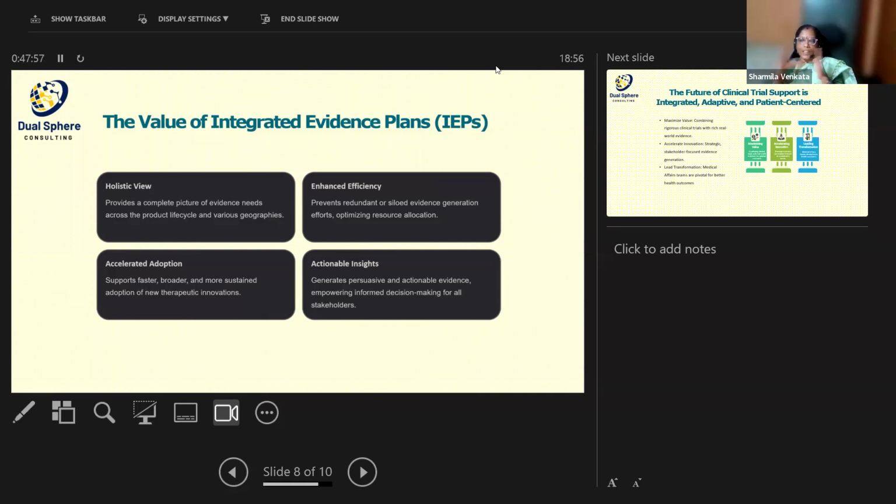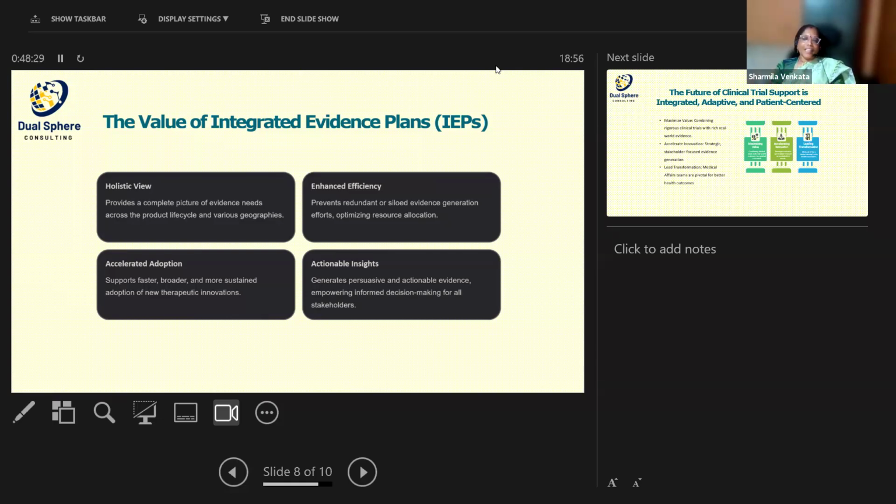Without an IEP, different teams might end up working in silos, each running their own studies, collecting their own data, sometimes duplicating effort without realizing it. This wastes resources, creates inconsistencies, and slows down how quickly evidence can be delivered.